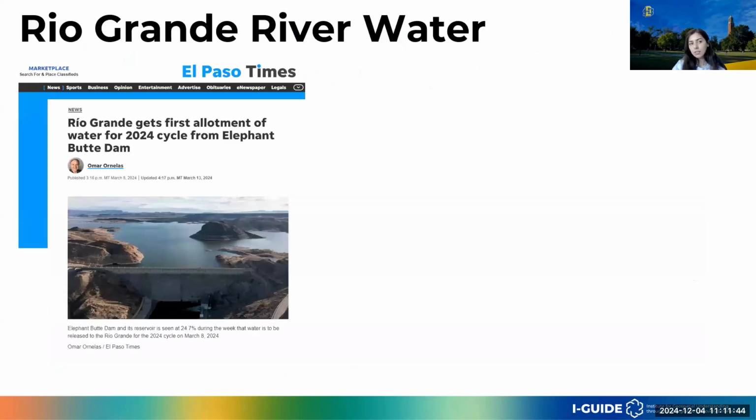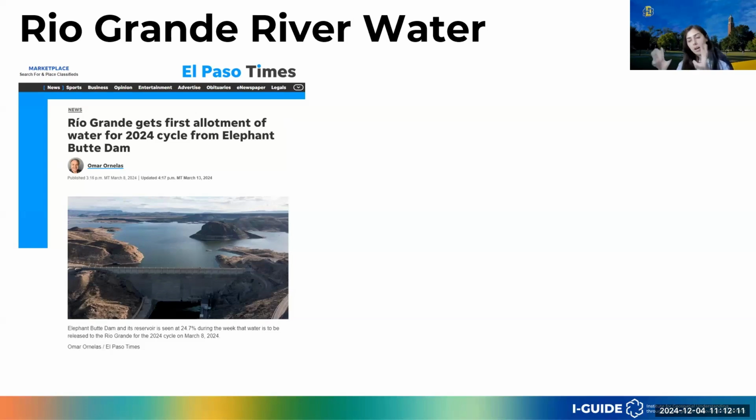So let's look at the Rio Grande. This river is the main water provider for that region. There has been tons of news about this river this past year, and most of the news focused on the ability of delivering the water from Mexico to the US.